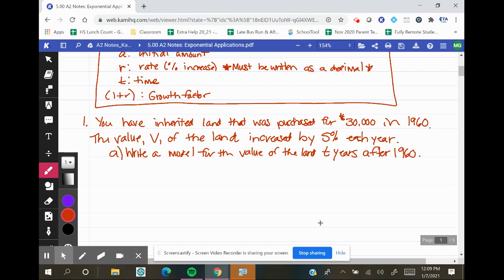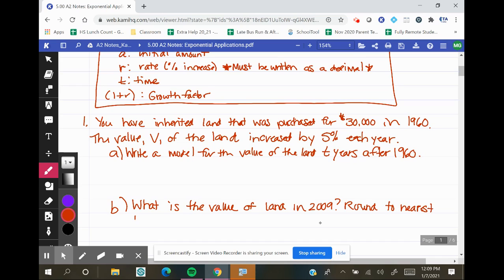And then I want you to find the value of the land in 2009 and round to the nearest 1,000.